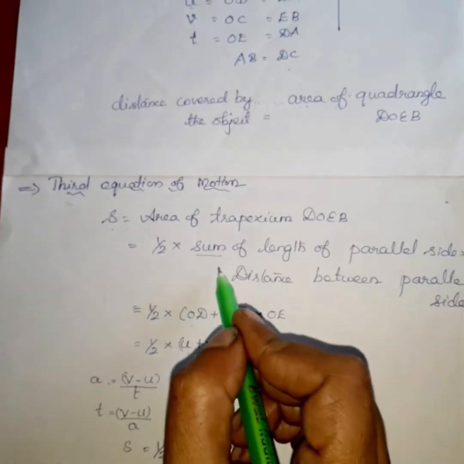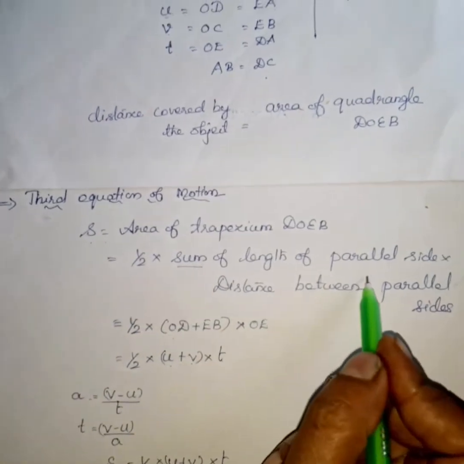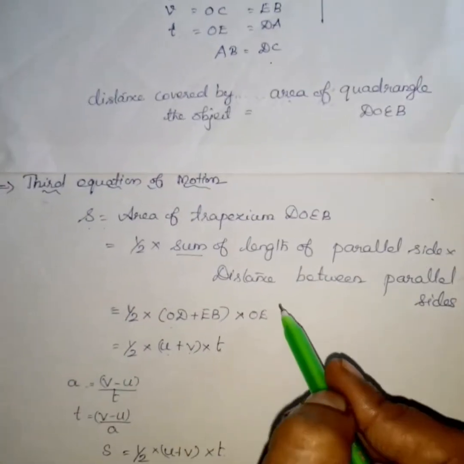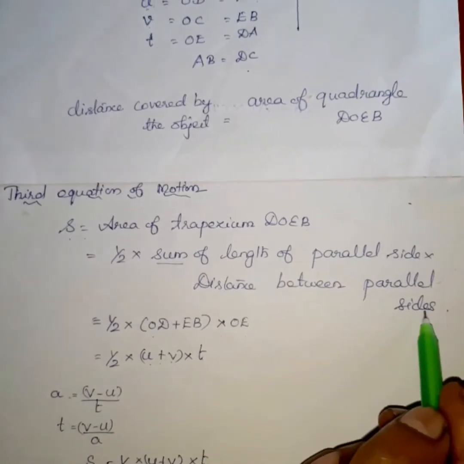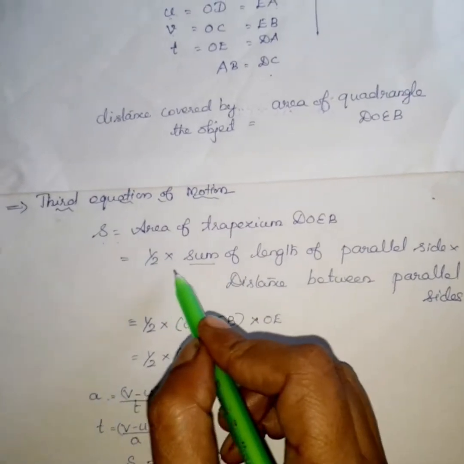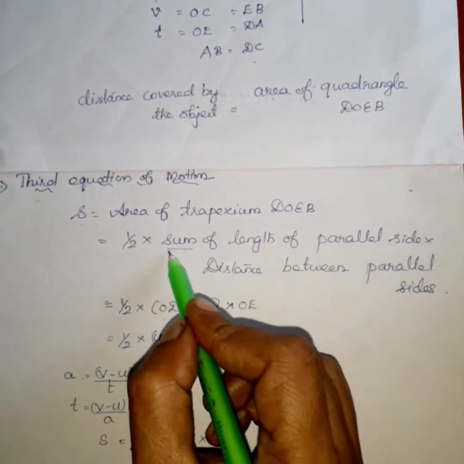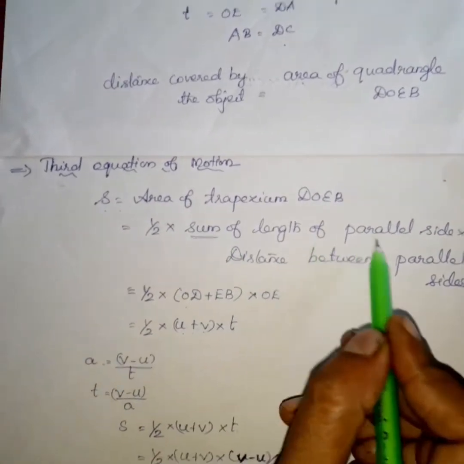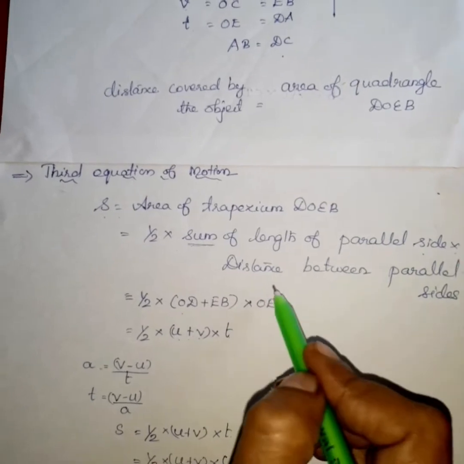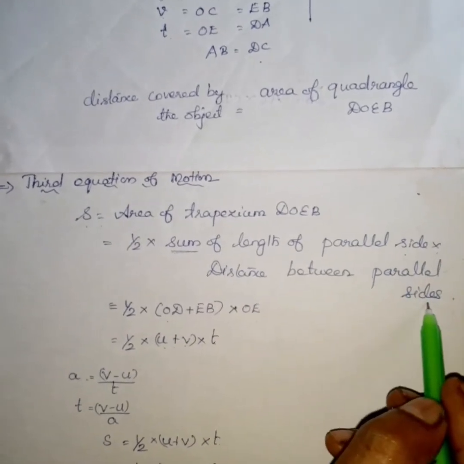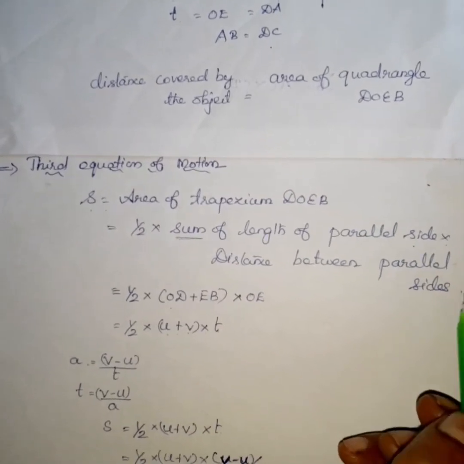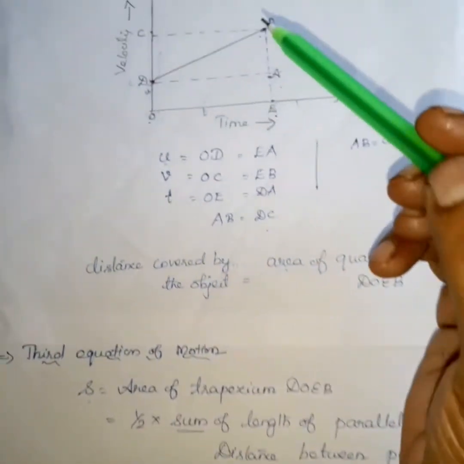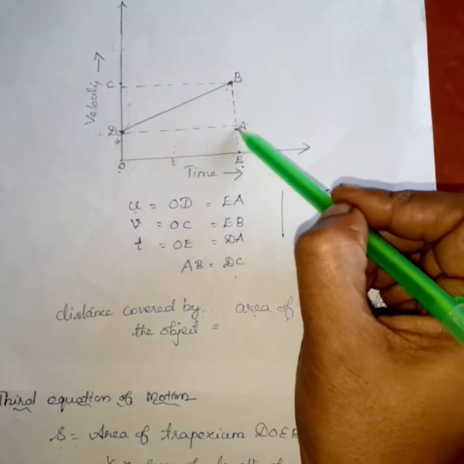Half into the sum of the lengths of the parallel sides into the distance between the parallel sides. Here, the parallel sides are these two sides, OD and EB.